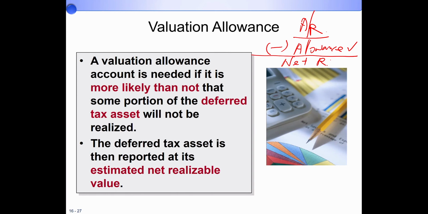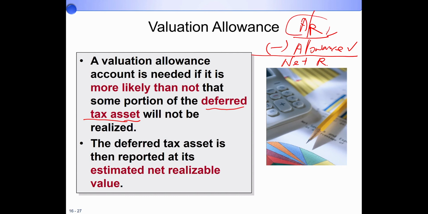So in this case, remember accounts receivable is one of the assets, right? So in this case, what is the asset? The deferred tax assets, right? We just talked about that special account, right? Deferred tax assets based on the future deductible amounts, right? So deferred tax asset is also just like accounts receivable, okay?